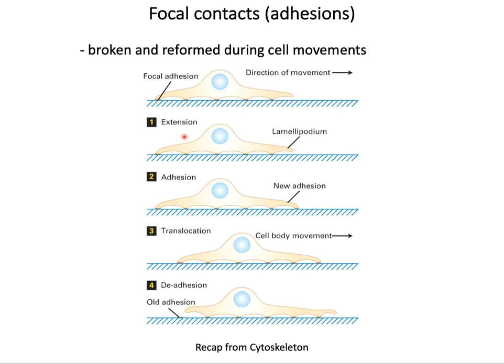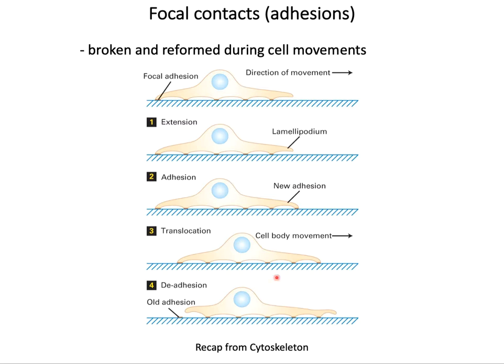And here in step 1, the cell is bound to either an extracellular matrix or the tissue culture flask. And it can extend its lamellipodium, and then in step 2, that lamellipodium touches down onto the surface and new focal contacts or focal adhesions are made. In step 3, you have the translocation, which is the movement of the cell body, in this case, forward or towards the right.